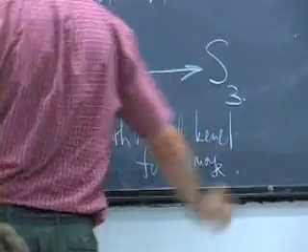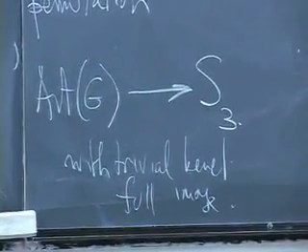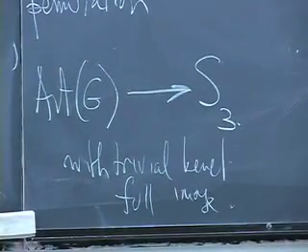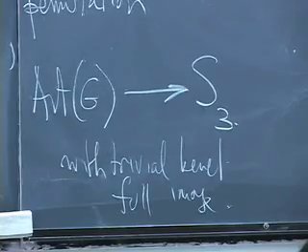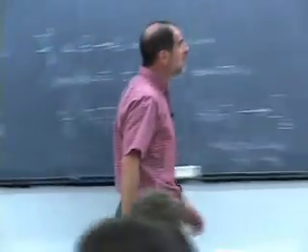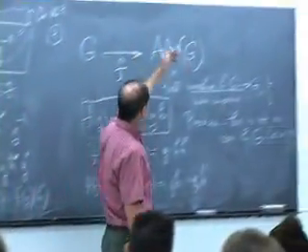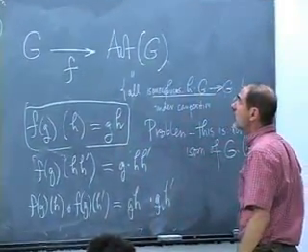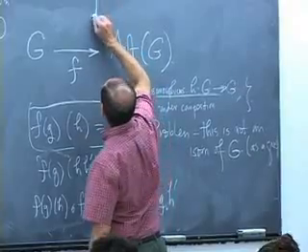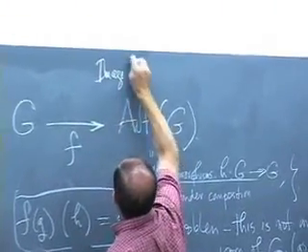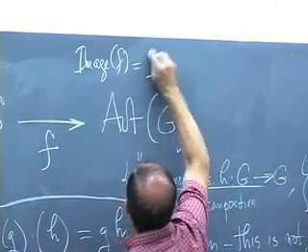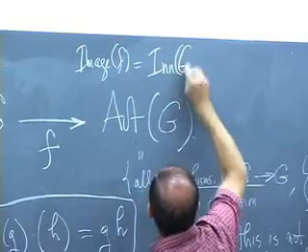So here we have a group, the Klein 4 group, where the image in Aut G is trivial, but the automorphism group is large. So this map need not be either an injection or a surjection, and the image is called the inner automorphisms. The image of F is called the inner automorphism group of G. It gets its own name.